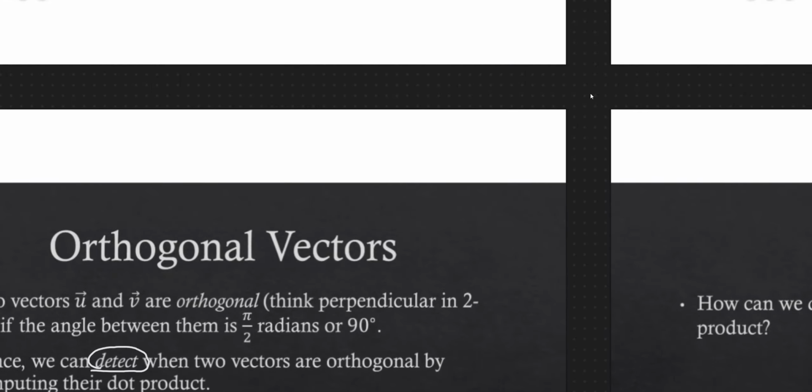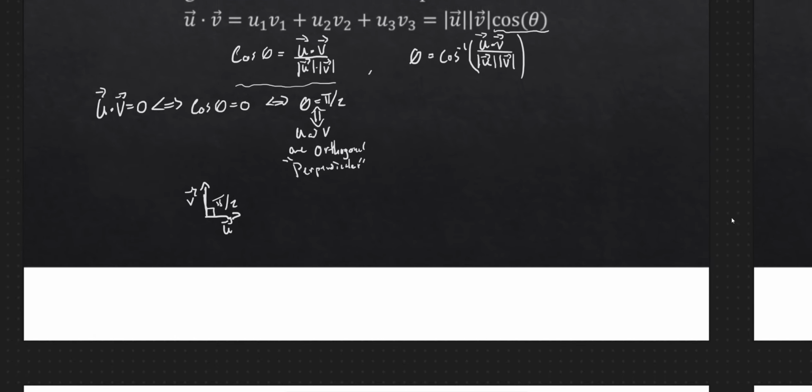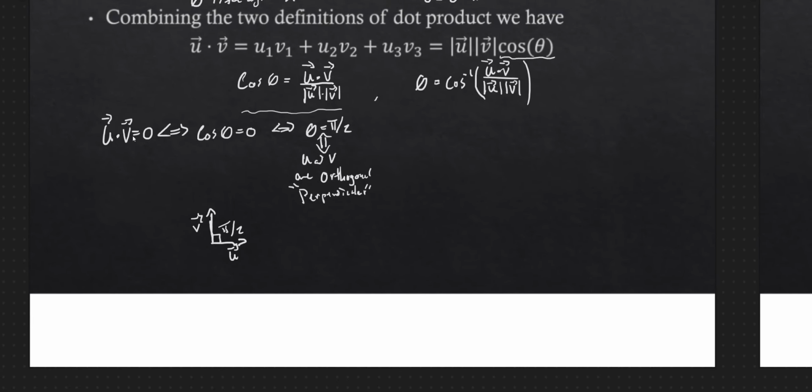So I'm going to jump up here again. If u and v are parallel, that is the case if and only if theta is equal to 0 degrees, or possibly if the two vectors are going in the opposite direction, they'd still be parallel.